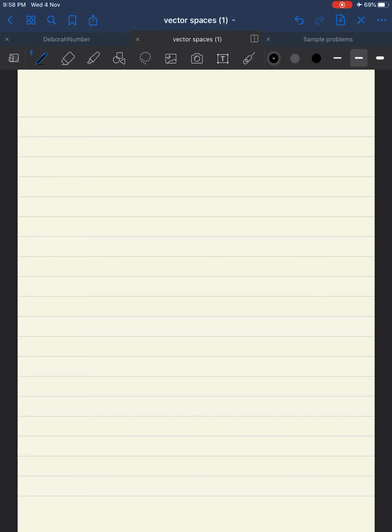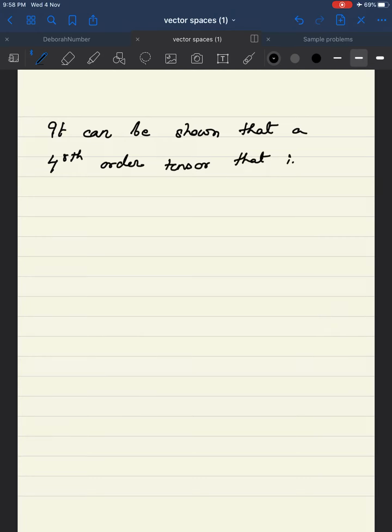So it can be shown, and we are not going to show that, that I will have to ask you to take on faith, that a fourth order tensor that is isotropic will have the form.